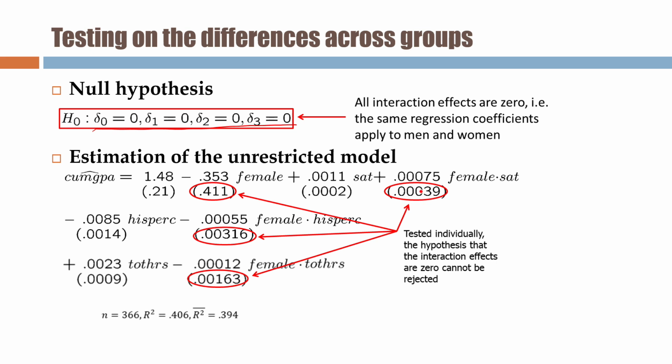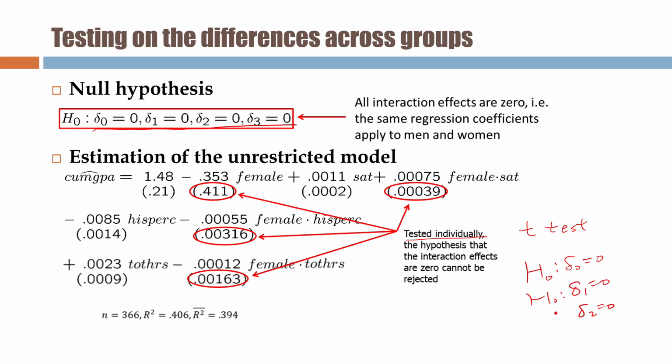So if you take a look at it, if you do the regression here, tested individually, which is the t-test, all of them are not significant. So we cannot reject the null hypothesis. So individual null hypothesis, we cannot reject this one. We cannot reject this one either.